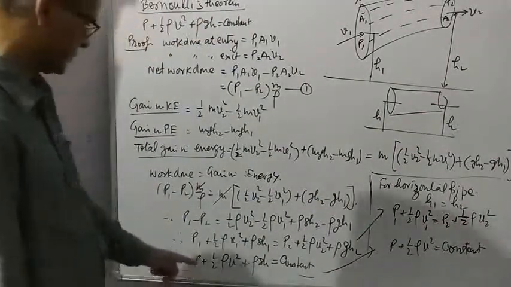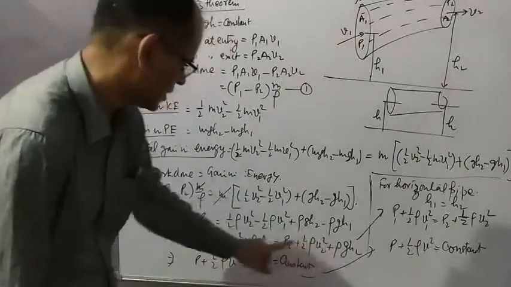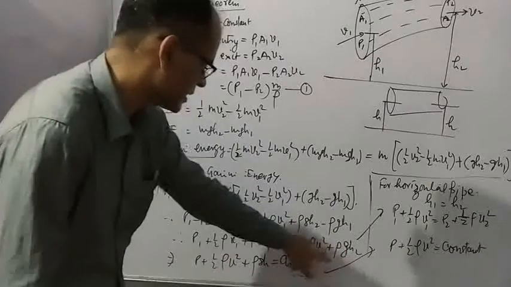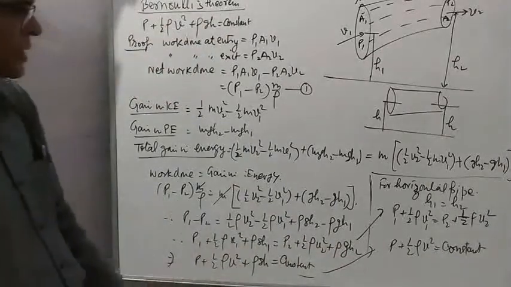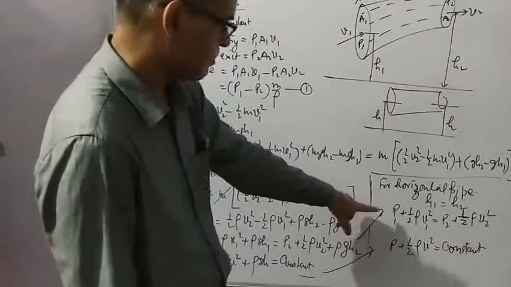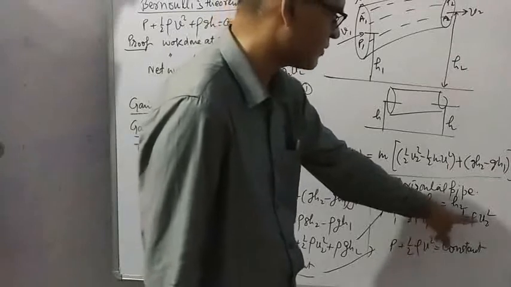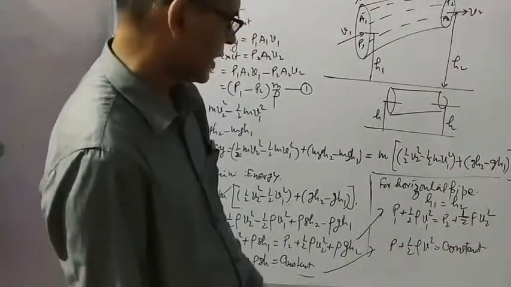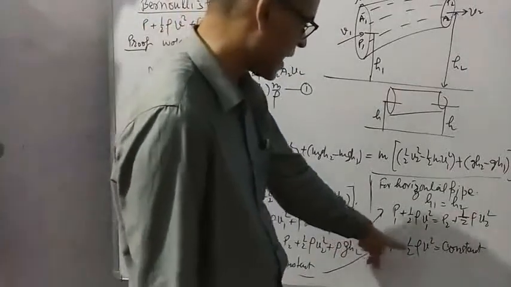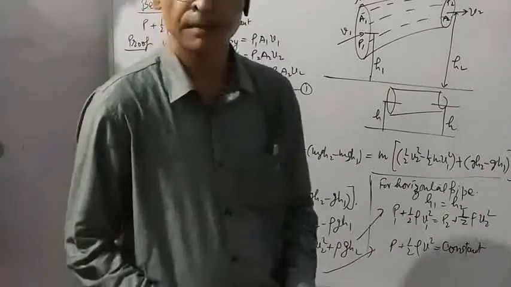In this condition, this term and this term are cancelled for horizontal pipe. So from this equation we can write P1 plus half rho V1 square is equal to P2 plus half rho V2 square. Or in general we can write P plus half rho V square is equal to constant. So this proves Bernoulli's theorem.